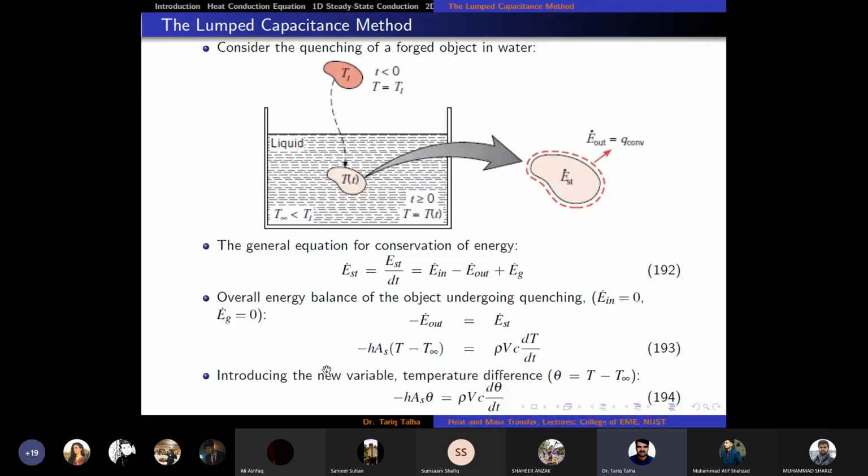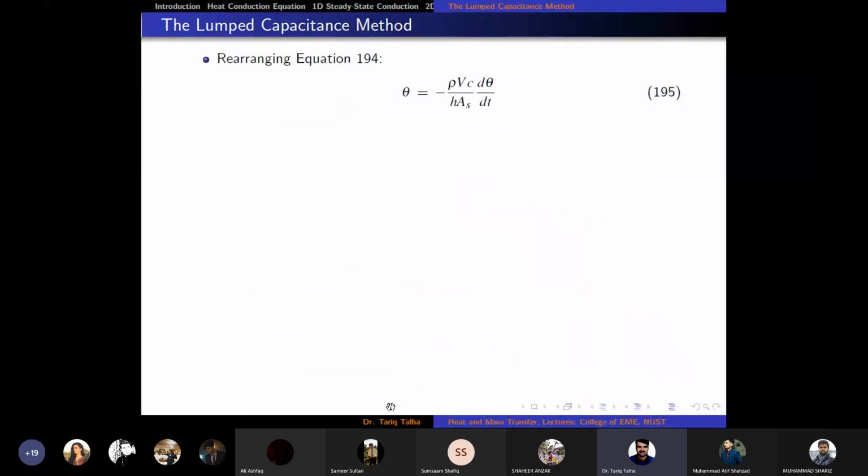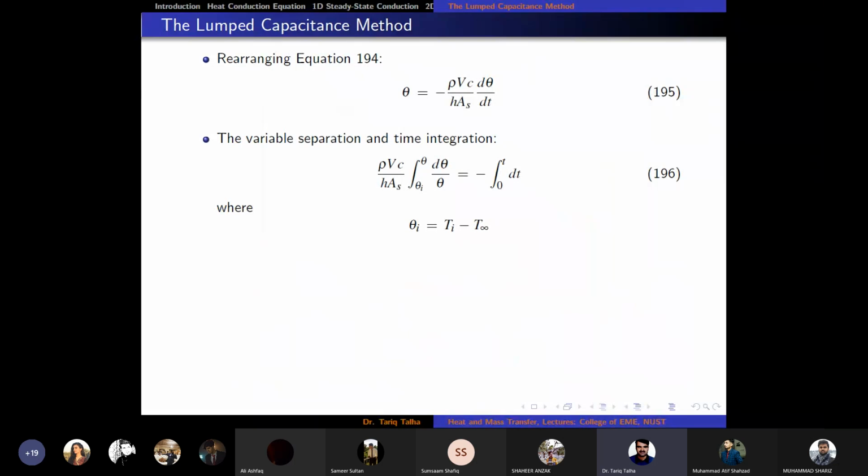Then we can write it in this form, and from here, by the method of separation of variables, we do the integration from theta I, which is the initial temperature difference between that object and T infinity, to some other time where the temperature difference would be less than the initial temperature difference.